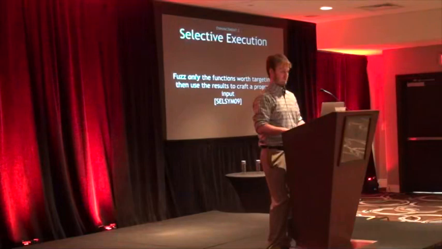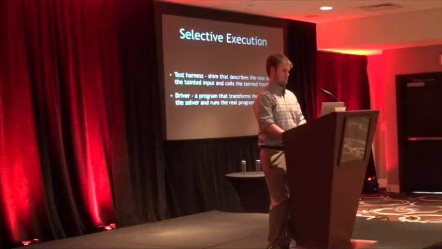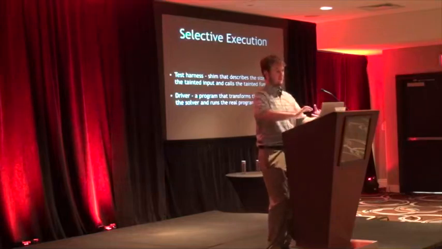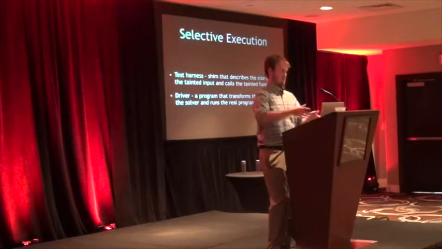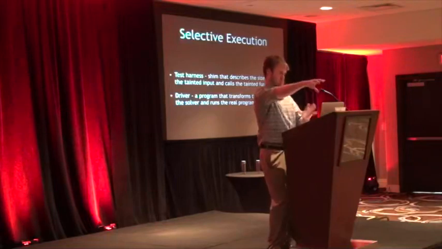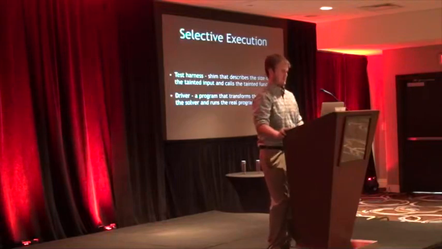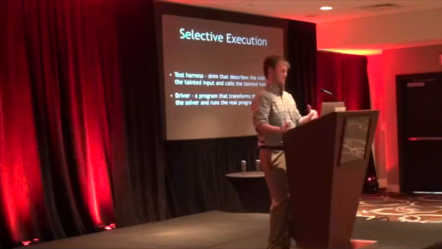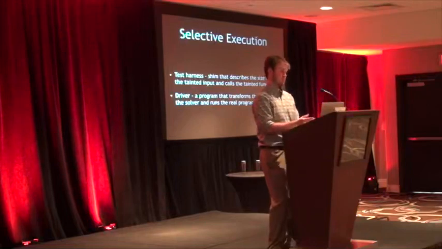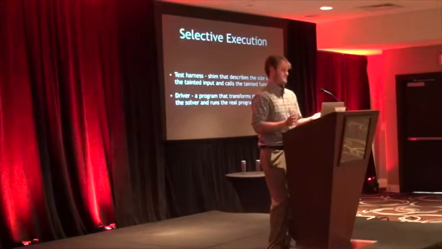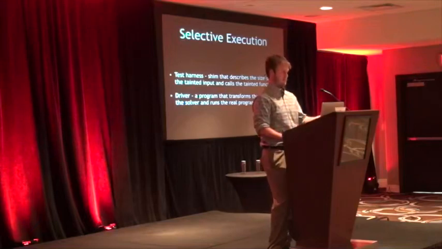The input reconstructor is called the driver, and the test harness is the function that you're going to run, or actually going to fuzz. So the function that you write is actually going to call another function in your target program and bypass all of the checks, or all of the branches, that lead up to that. So you can dramatically cut your search space down and maybe use pure symbolic execution in a case where you might not have been able to otherwise.